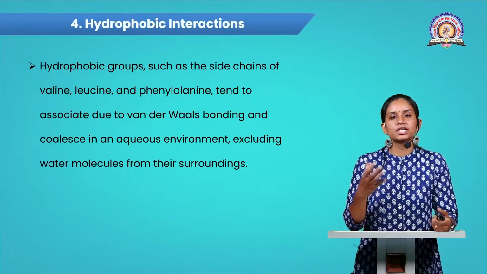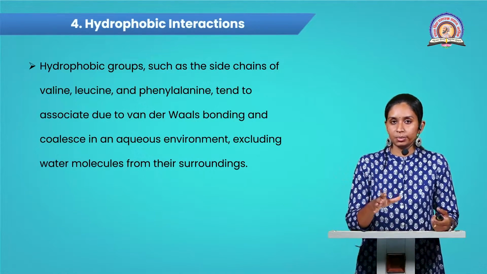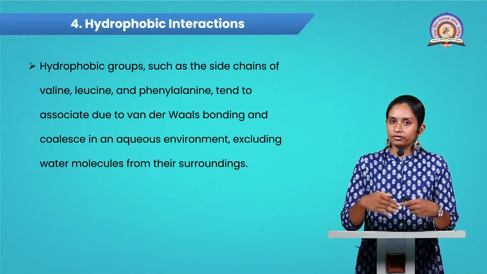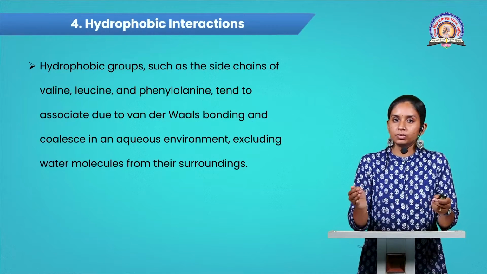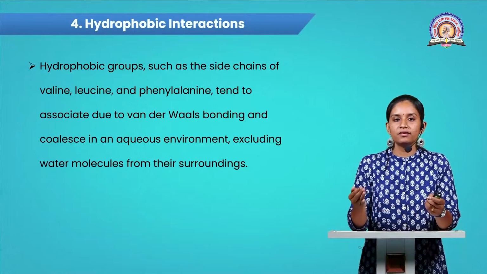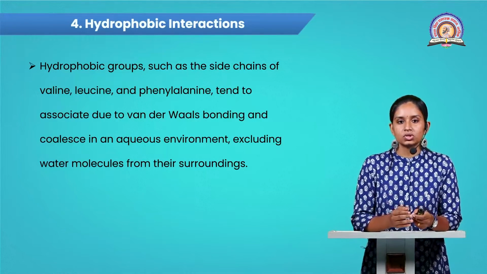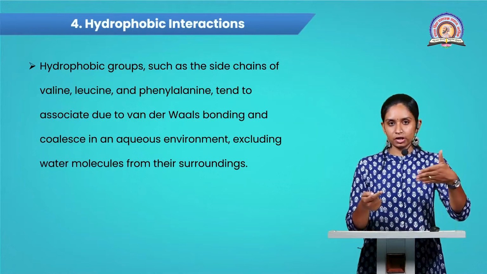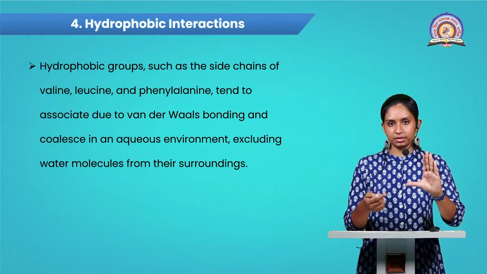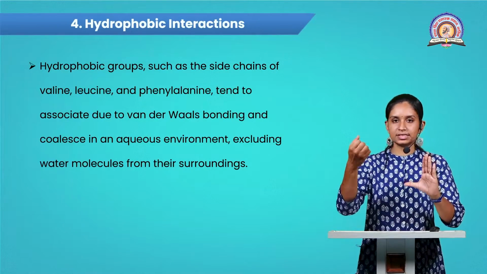So in an aqueous environment, what will happen? These hydrophobic groups will try to run away from the water molecule, and during this they will come close together also due to the van der Waals interaction. So as a result of this, there is a paratope, that is the antigen binding site present on the antibody molecule, and this is the antigen.